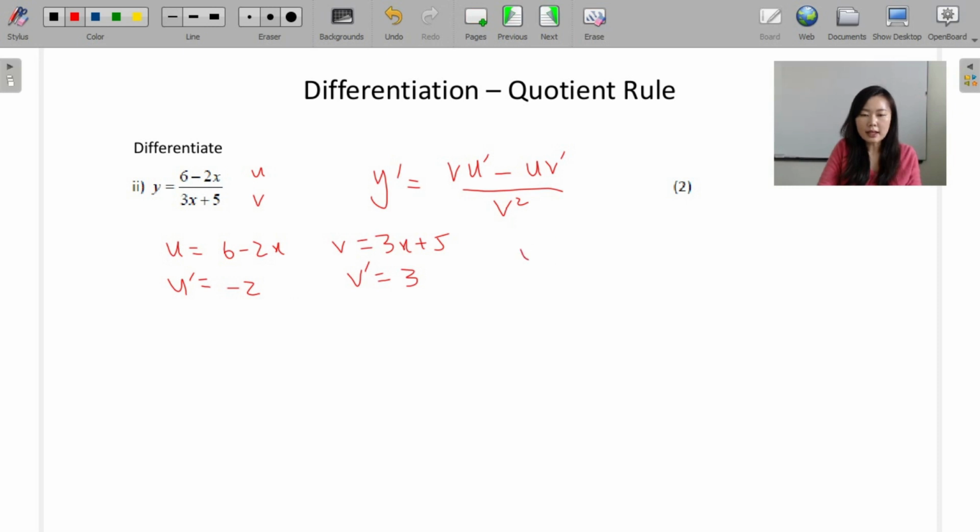All right, Y dash is VU dash minus UV dash over V squared. Expand the top, simplify.